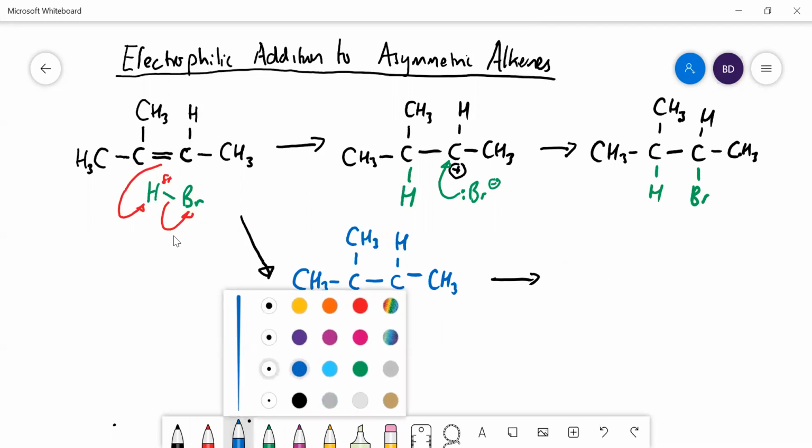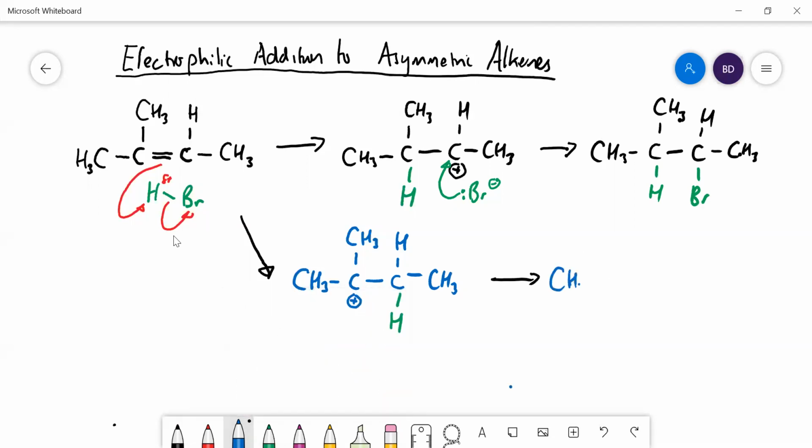Start again. CH3. We're going to get the bromine on that one, aren't we? Okay, that's going to be like that. So that's going to be 2-bromo-2-methylbutane, and that's going to be, well, I should call it 2-bromo-3-methylbutane, because bromo gets the lowest number because it's a functional group.